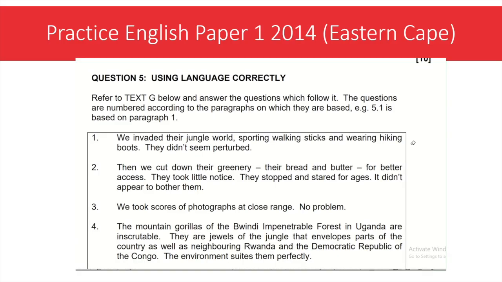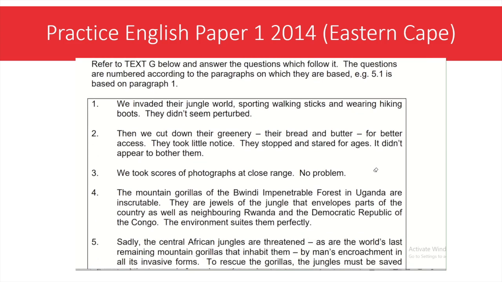Question 5, using language correctly. Refer to text G below and answer the questions which follow it. The questions are numbered according to the paragraphs on which they are based. For example, 5.1 is based on paragraph 1. We invaded their jungle world, sporting walking sticks and wearing hiking boots.